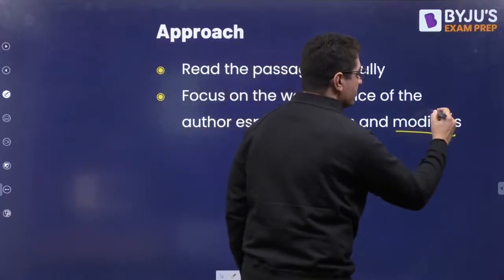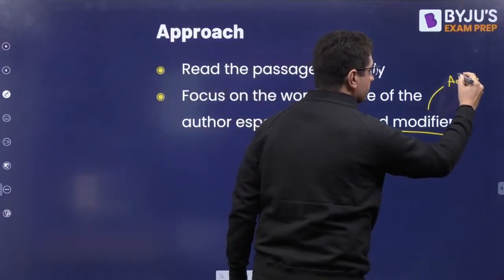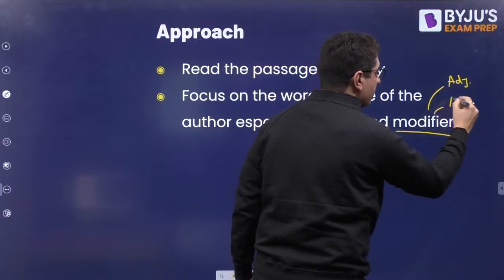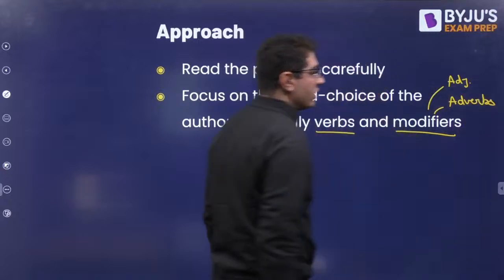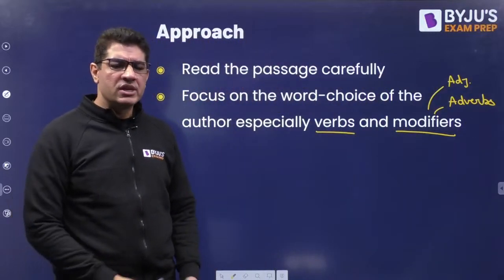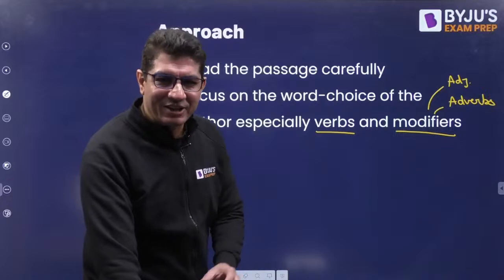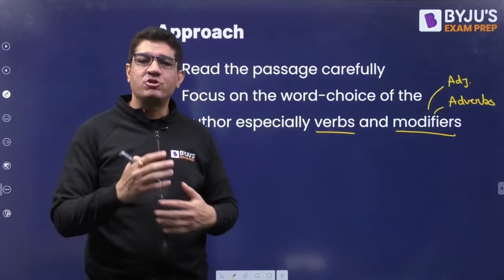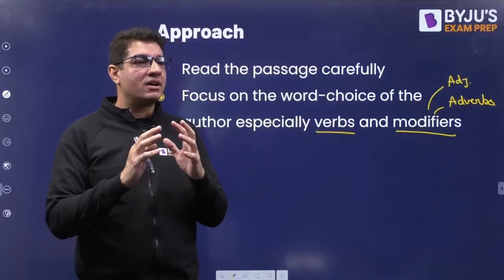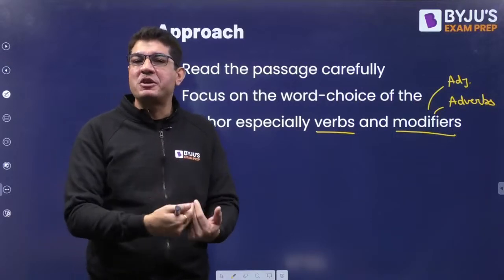Modifiers basically mean the adjectives or the adverbs that the author has gone on to use. Every word can carry emotion, but verbs and modifiers usually are a stronger indicator of the emotion involved.